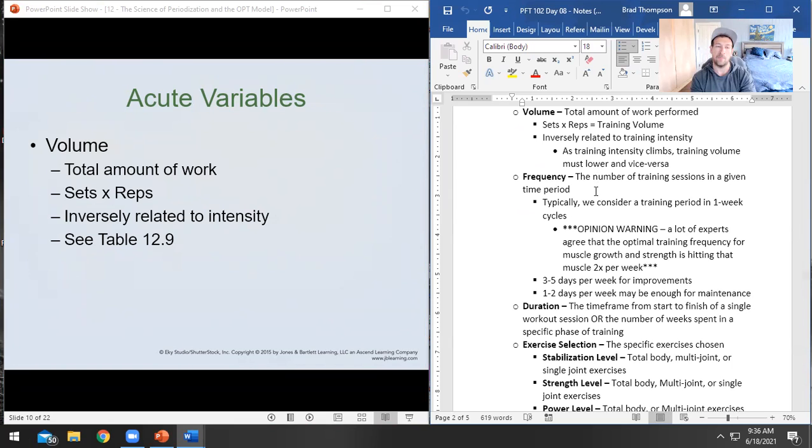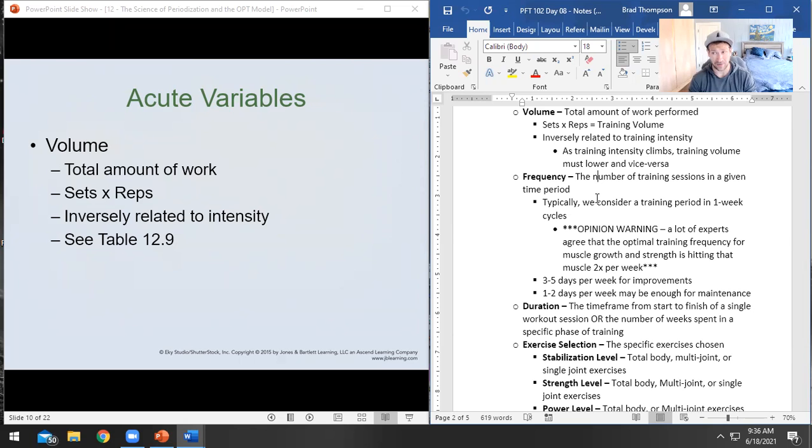So, you might have noticed that our training volume in the beginning, right? It was 12 times 1 to 20 times 3, right? And then it went into strength endurance. That's where our volume got super, super, super high, right? Where it was 16 reps at a minimum for 2 sets, that's a minimum of 32 reps per exercise, up to 96 reps.